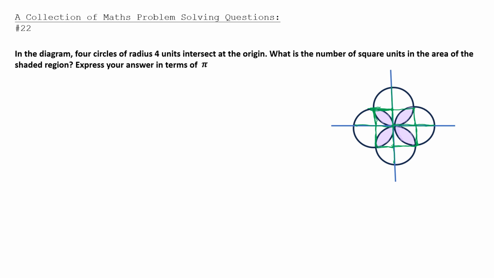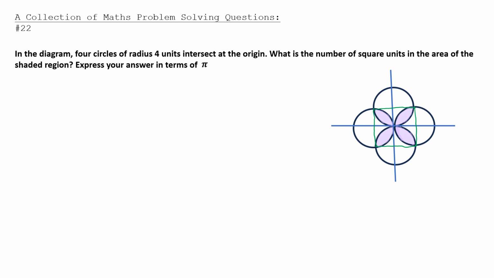So what we can do is, if we are to draw once again, sorry, not that line, we have to join these points where the circles touch, and we see that this is a square.